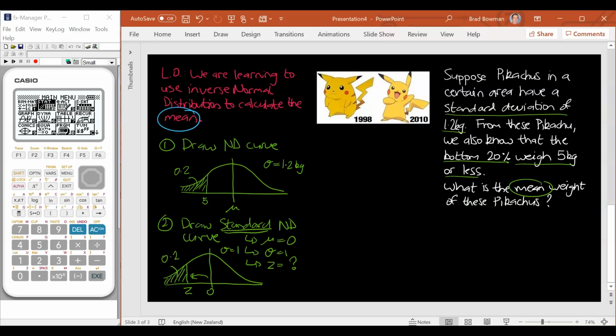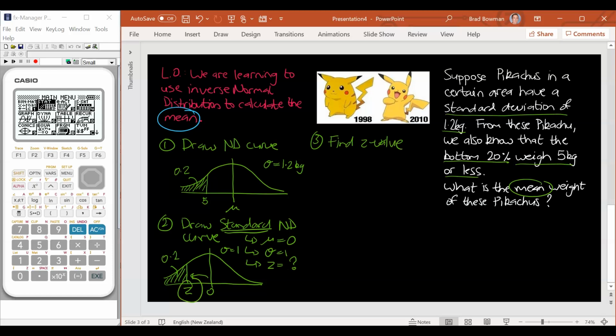That's still 0.2. So hopefully you've seen these bits here. Mean, always 0. Standard deviation is always 1. The z value, so we lose the x. We need to find out the z value. And the probability over here, unchanged as well. Step number 2. Step number 3 is when we're trying to find the z value.